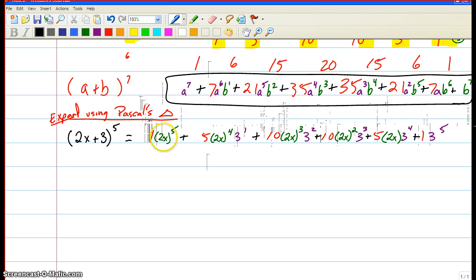So then the first one winds up becoming 2 to the 5th times x to the 5th, so it's 32x to the 5th plus, you get 5 times 2 to the 4th times 3, which is going to be 240, and it's x to the 4th. Okay. Stop me if you have any questions as we're going along.